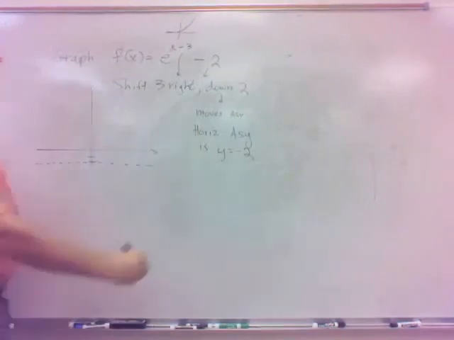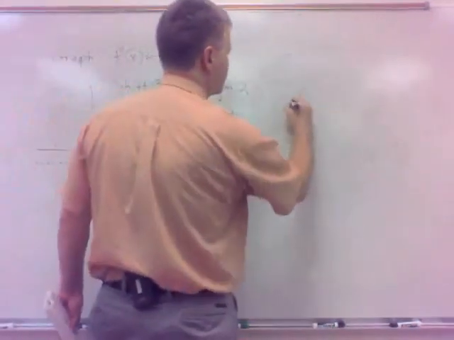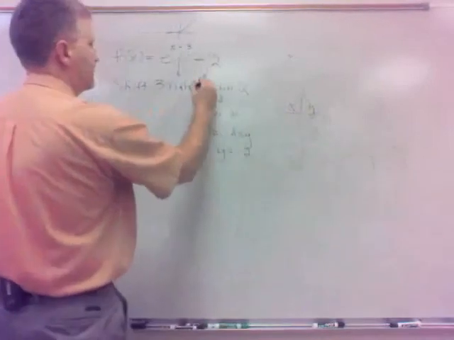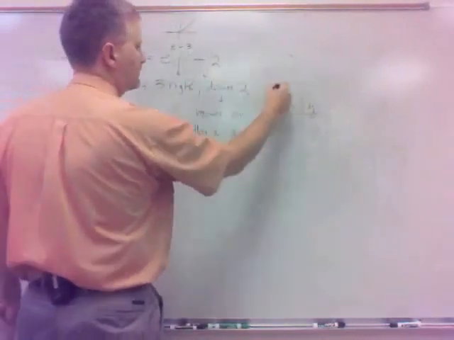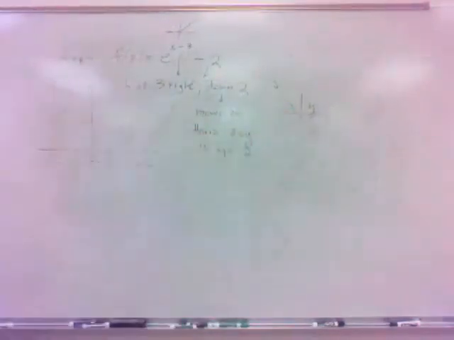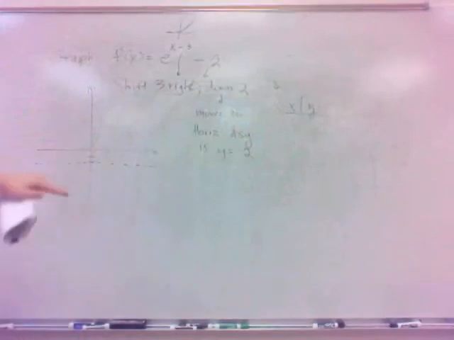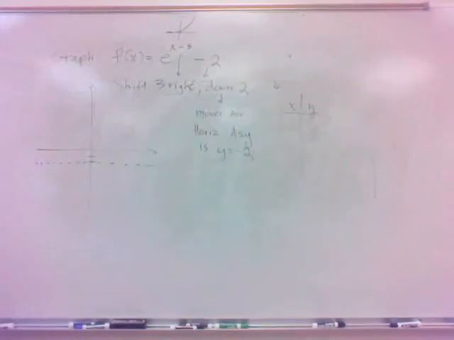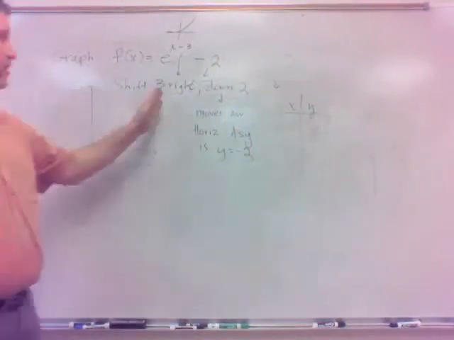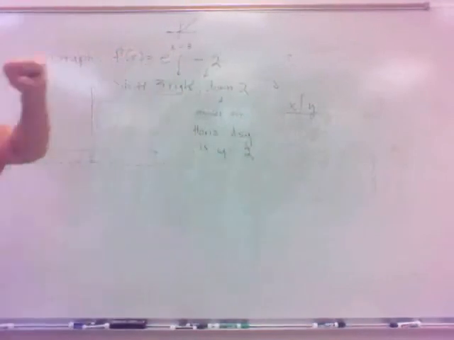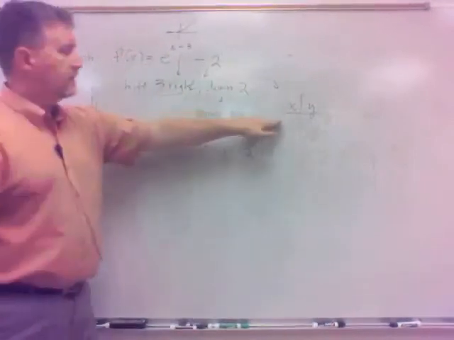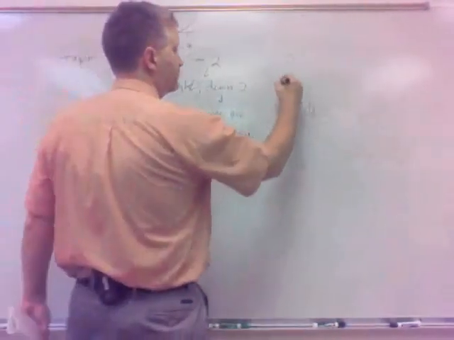Okay, now, for the 3 to the right, my suggestion is, let's take our x values. The down is going to change the y values, but the right and left change the x values, if you will. So let's move our x values 3 to the right.